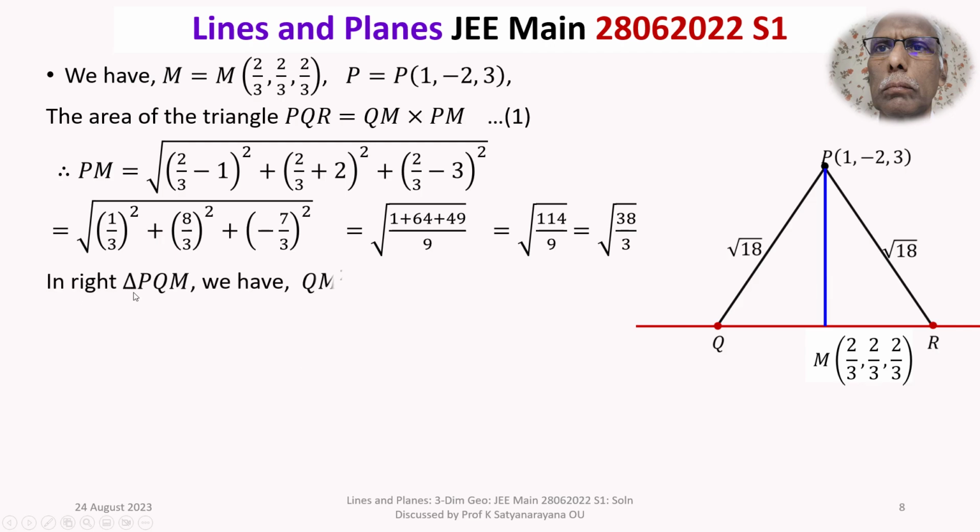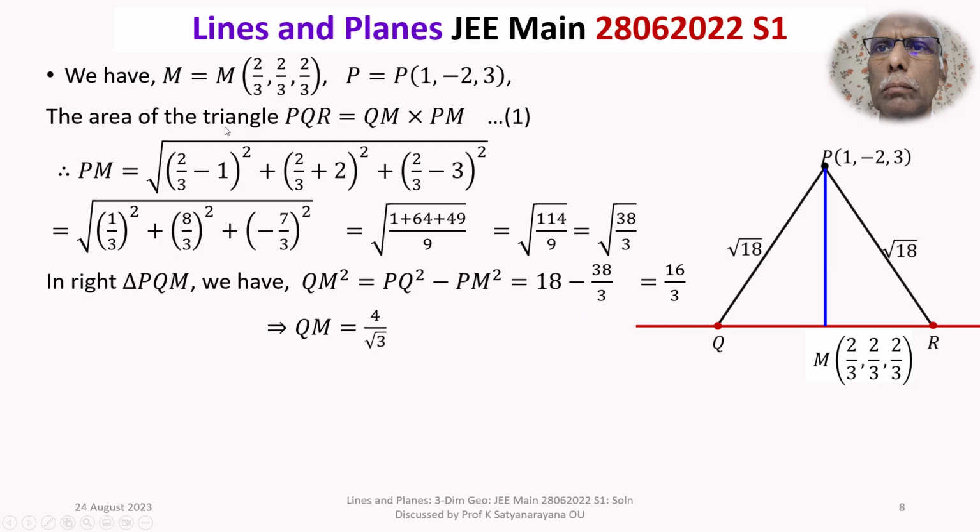So in right angled triangle PQM, QM square is equal to PQ square, hypotenuse square, minus PM square. And PQ is given to be root 18. So PQ square is 18 minus PM square, which we have just calculated, PM is under the square root of 38 by 3, so PM square is 38 by 3. Take the LCM and simplify, we will get 16 by 3. Therefore, QM is equal to 4 by root 3.